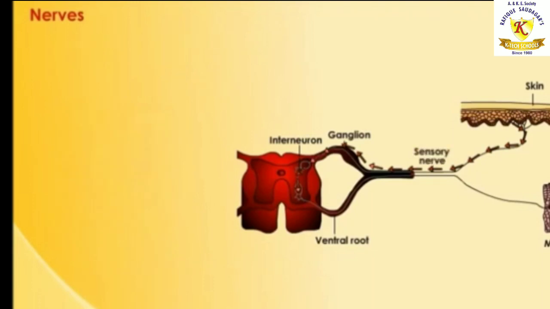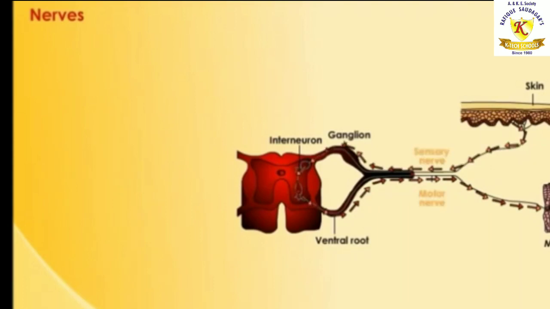So, these messages result in the movement of muscles or secretion by gland. Such nerves are called motor nerves. Understood, children?